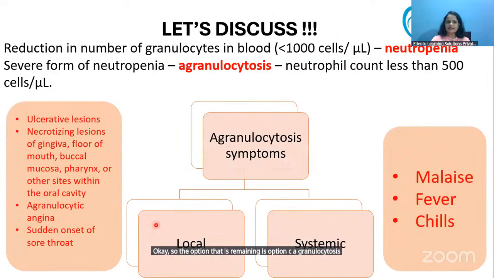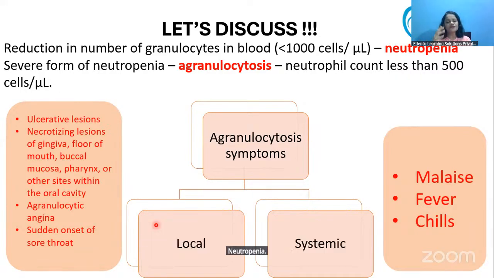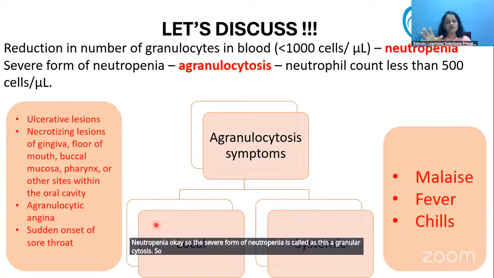Agranulocytosis means a reduction in the number of granulocytes in the blood. If the number goes below 1000 cells per microliter, it is called neutropenia. The severe form of neutropenia is called agranulocytosis, where sometimes the neutrophil counts can go as low as 500 cells per microliter.